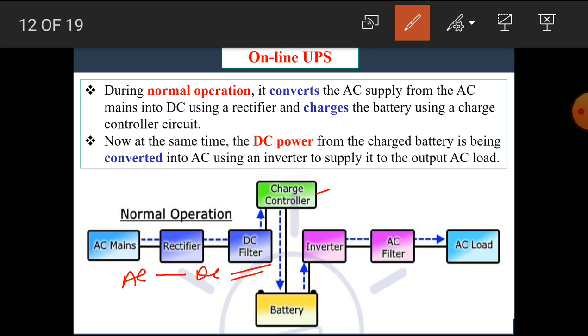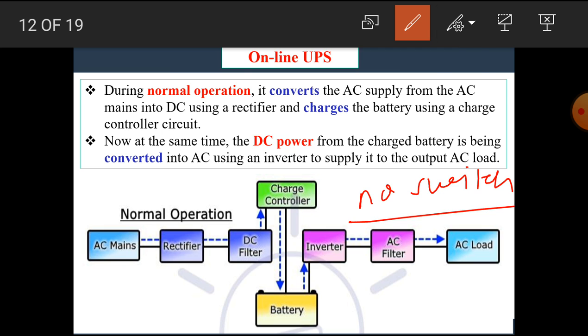This charge controller charges the battery. This battery supplies the inverter. That means the battery has the DC supply. The inverter converts it into AC. It is given to the AC filter and it drives the AC load. That means no switch is used in this case.